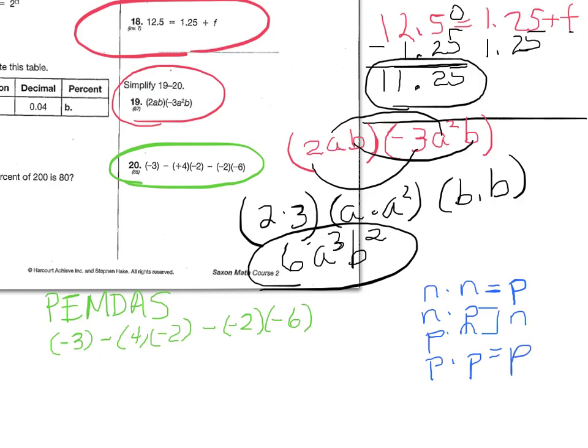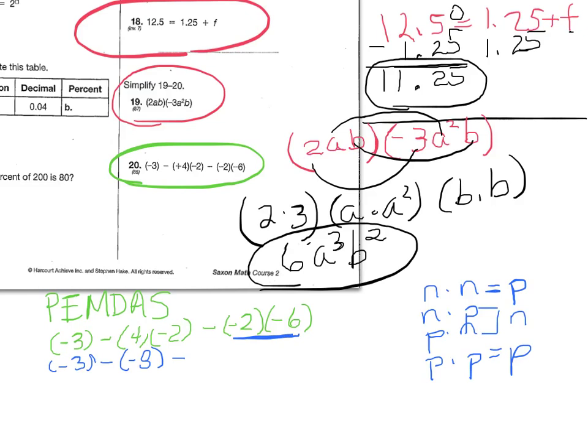We've got negative 3. We leave that the same. And then we say minus, and then we have 4 times a negative 2. So that's positive 4, negative 2, so negative 8, minus, okay, we have negative 2 times negative 6.